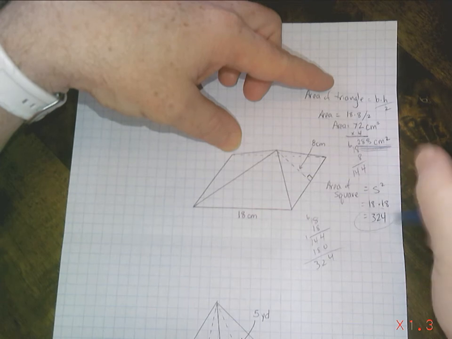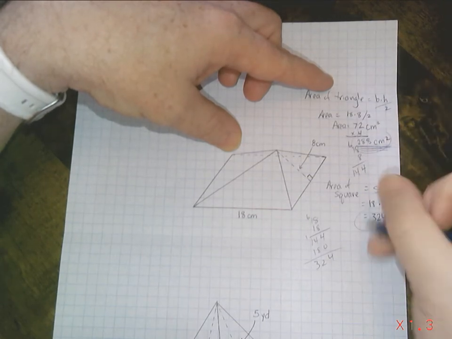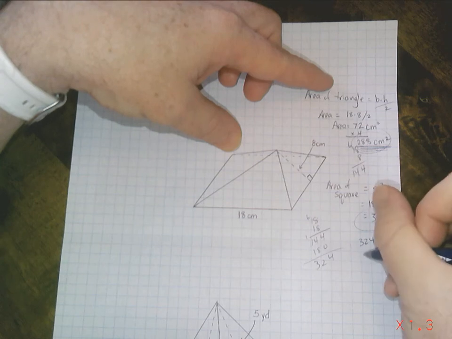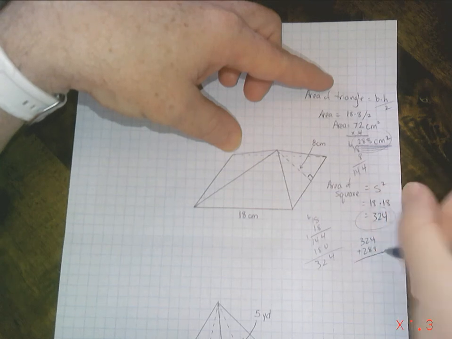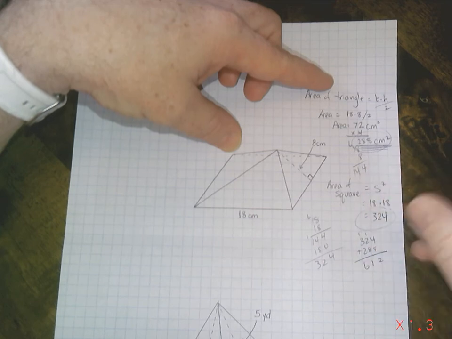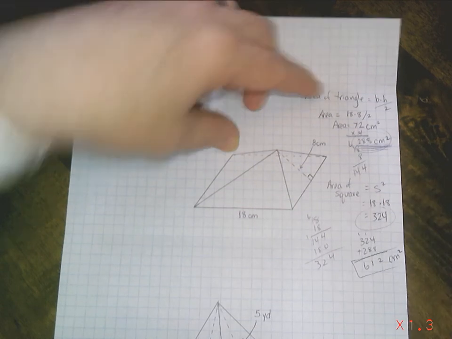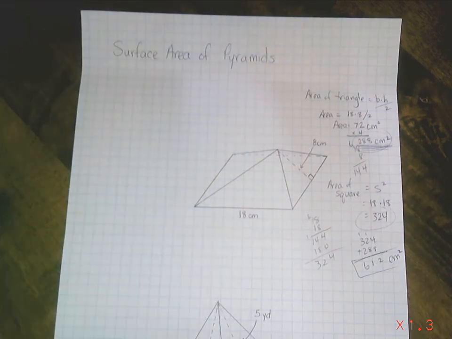So we're going to add the base plus all the sides combined. 324 plus 288 is going to get you 612 centimeters squared. That's the total surface area of that prism. Or I should say square pyramid, not prism.